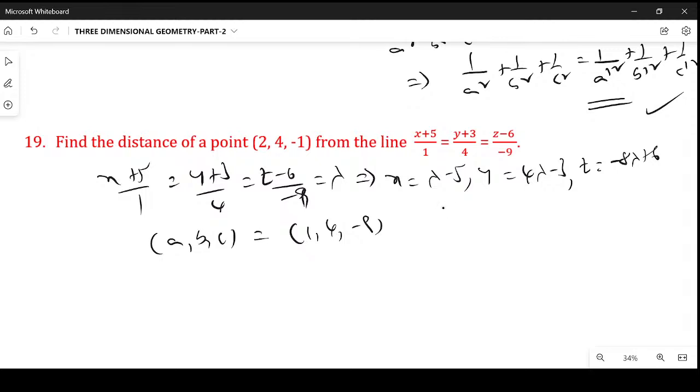Now we take the point and the general point on that line, and we want the distance from this point. The given point 2, 4, minus 1 is P. This general point on the line is Q, with coordinates lambda minus 5, 4 lambda minus 3, and 6 minus 9 lambda.